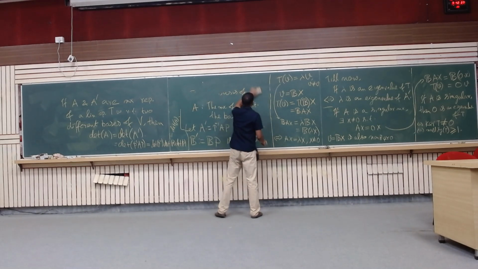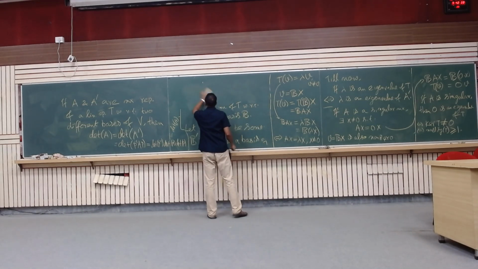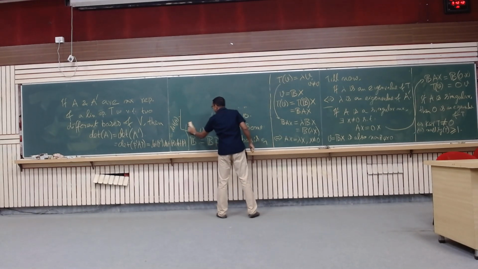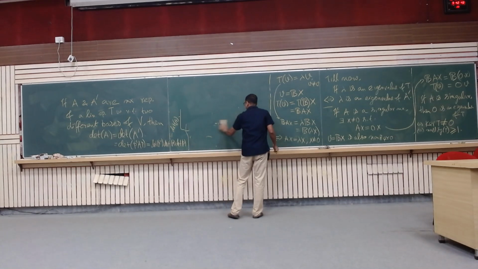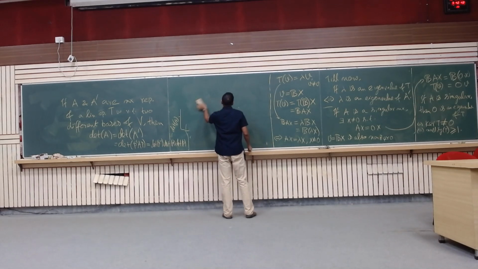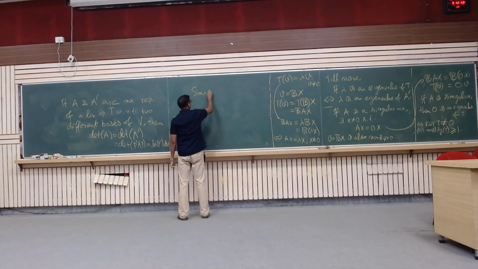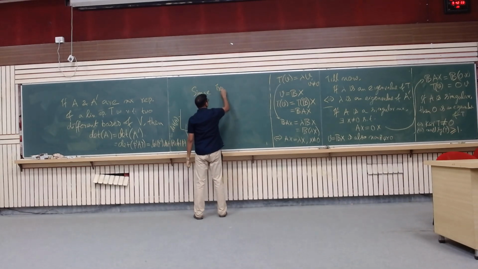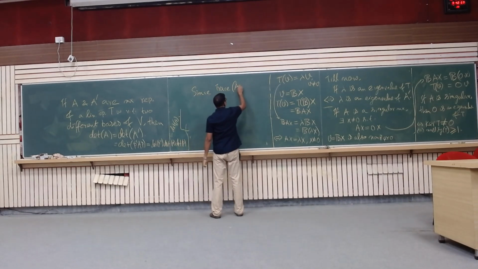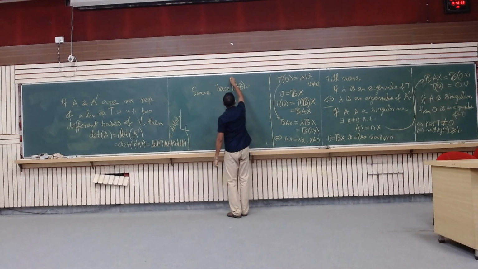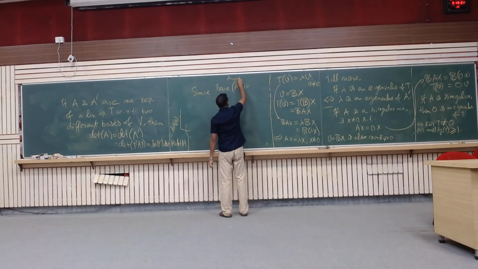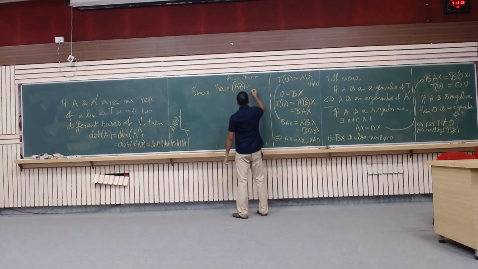Again, for A and B both n cross n, you don't have any problem multiplying in this manner or the other manner.